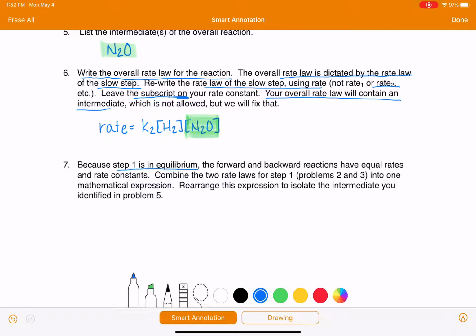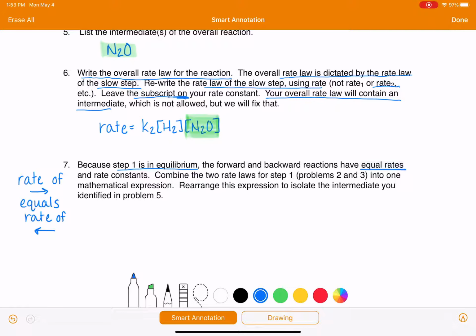Step 1 is in equilibrium, and that means, you've probably forgotten this because it's been a while, that when you are in equilibrium, the definition of equilibrium, the rate of the forward reaction is equal to the rate of the backwards reaction. So when we are in equilibrium, we have equal rates.